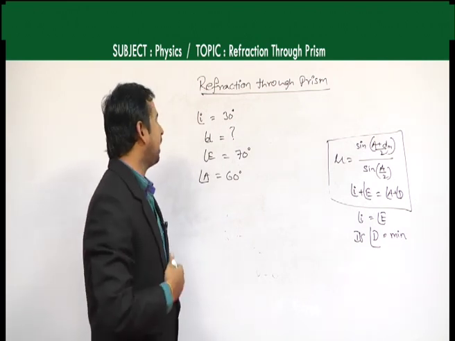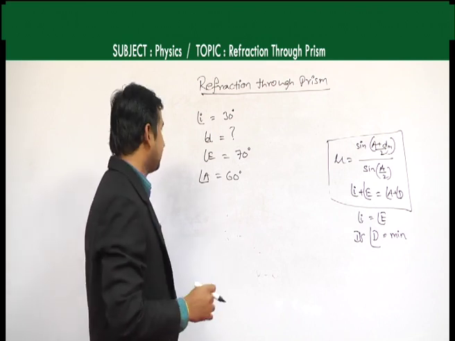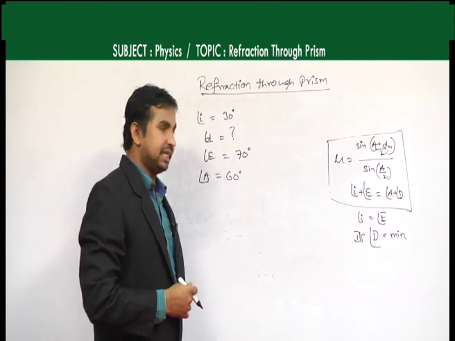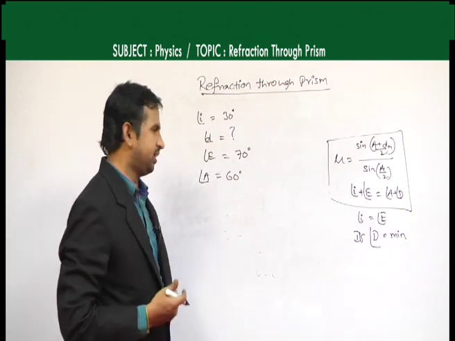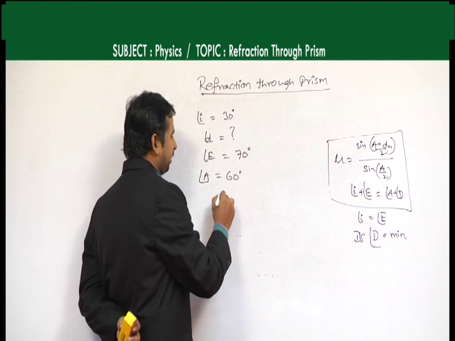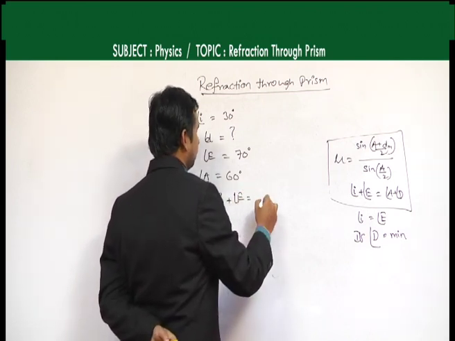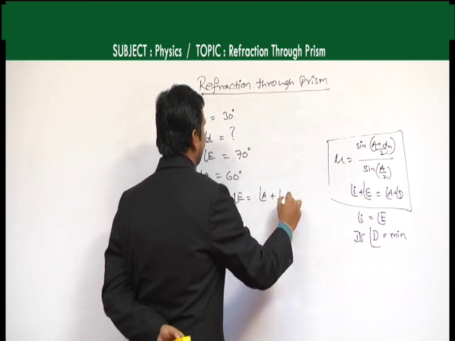When we take the angle of incidence as 30 degrees and the angle of emergence as 70 degrees, and the angle of the prism is 60 degrees, then we can write angle of incidence plus angle of emergence is equal to angle of the prism plus angle of deviation.